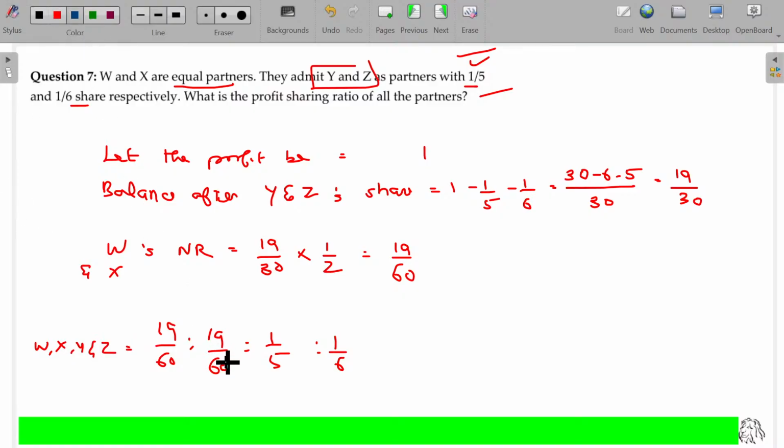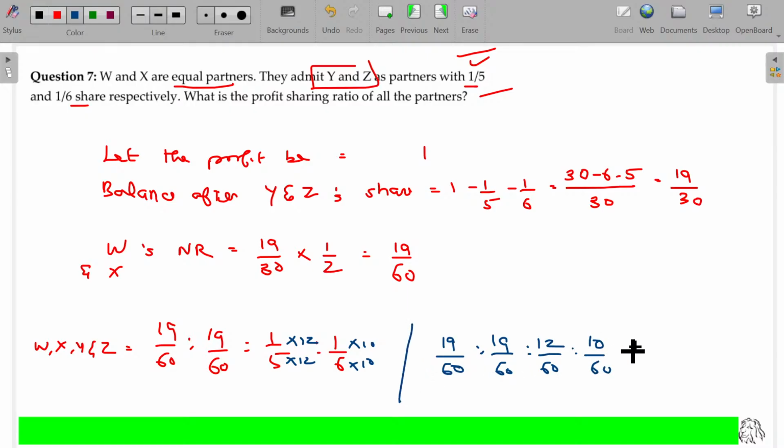To make the denominator equal to 60, I have to multiply with 12 here, here with 10. Then 19/60, 19/60, 12/60, 10/60. 19 is to 19 is to 12 is to 10 is the ultimate value.